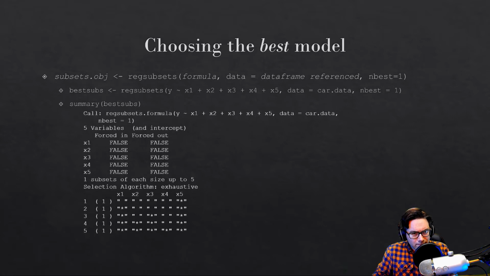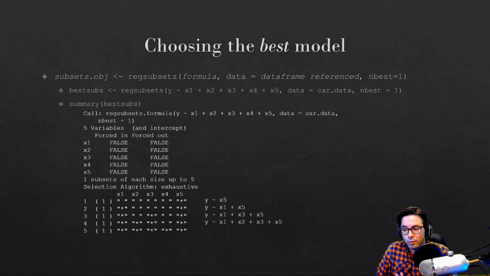I don't know how much of this you're going to find useful, but it's that bottom part, right over here, that's going to be the most useful. And so what we can think about is what these different models are. If we think about the different model numbers being the number of predictors, model 1 would be where we use just X5. Model 2 would be where we do X1 and X5. Model 3 would be X1, X3, X5.